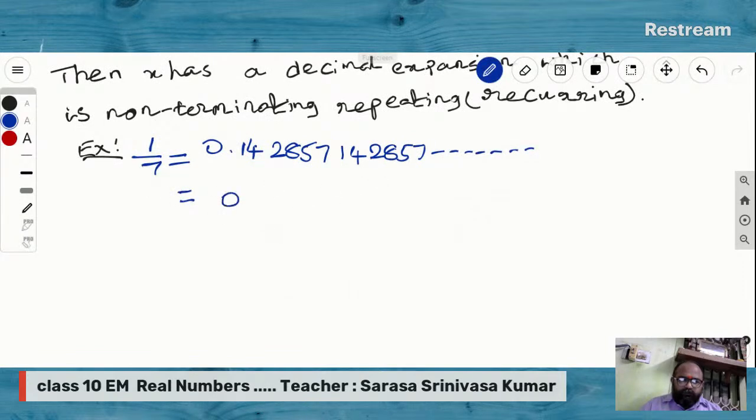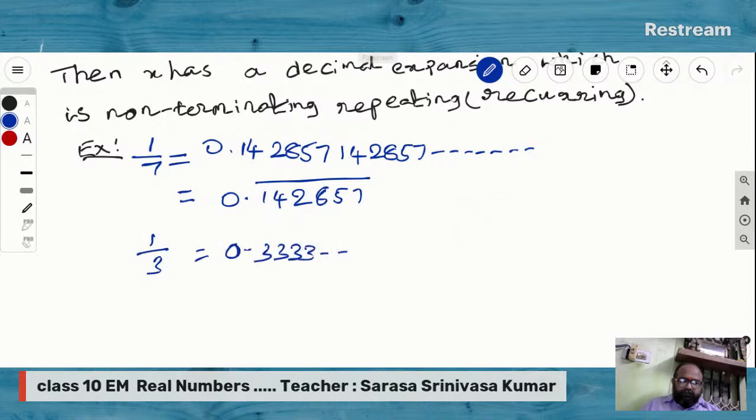This is equal to 0.142857 bar. Yesterday we did the problem, and 1 by 3 equal to 0.3333 and so on. This is equal to 0.3 bar.